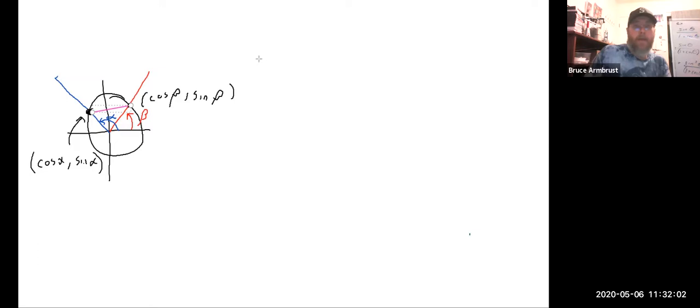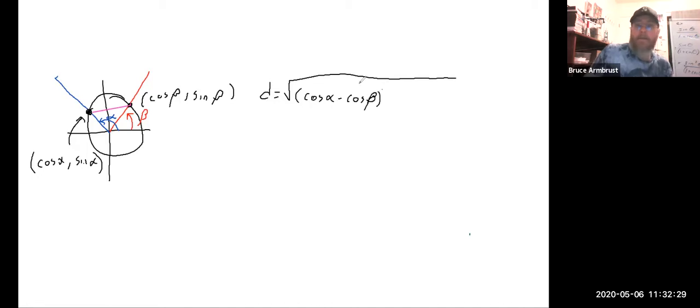So we're going to write out the formula for that distance. We'll use the distance formula, call it d. It's going to be the square root of a whole bunch of stuff. We take the difference in the x coordinates and square it. So this gives us cosine of alpha minus cosine of beta.